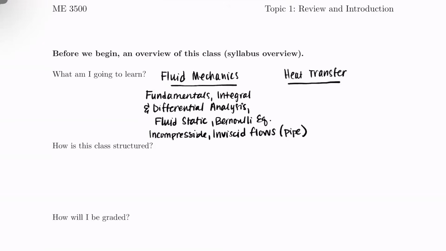And on the heat transfer side of things, the elements we're going to cover are a bit more depth into conduction. So we'll be looking at the heat equation or the diffusion equation. So we'll be taking what we learned in 2500 a step further.